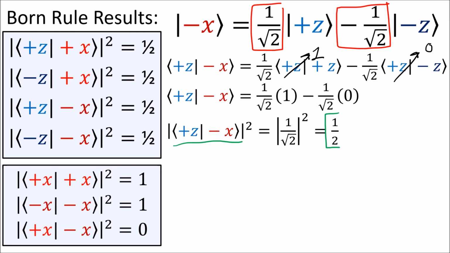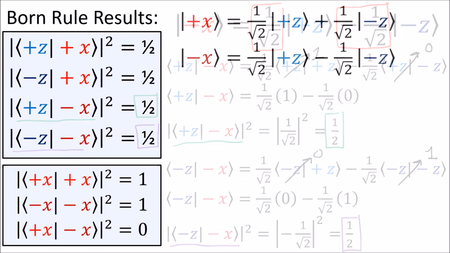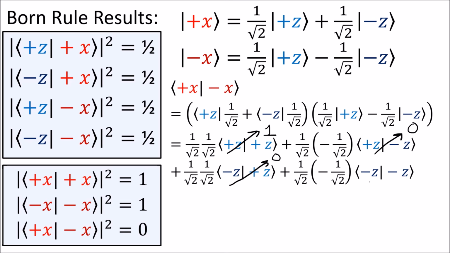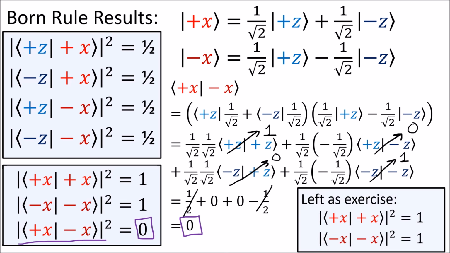This also reproduces the expected probabilities of 1/2. And importantly, this choice of coefficients makes the plus x and minus x states orthogonal, with an inner product of 0, and also makes each have a magnitude of 1, as expected.